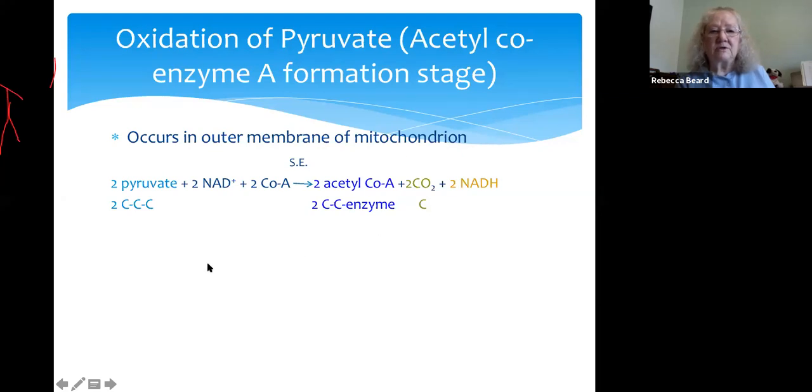All right, so this is the only thing that's going to happen here. This little molecule is called an acetyl molecule. It's going to combine with the enzyme CoA and form acetyl coenzyme A. So we're going to take that now.